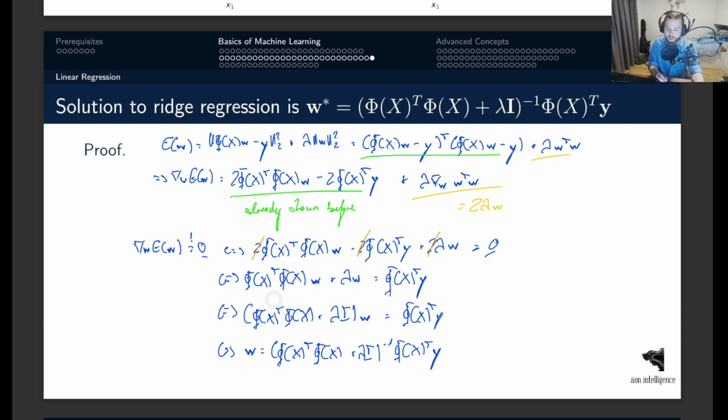This is equivalent. And what we finally do, in order to arrive at W, is take the inverse of that entire thing, multiply it from the left to both sides, and we arrive at this solution. So W is equal to the inverse of this thing times X transpose times the true label vector. And this is what we have here.